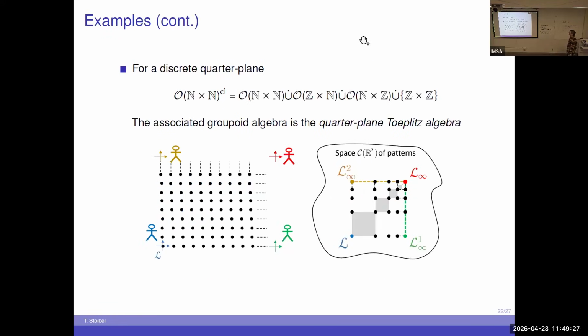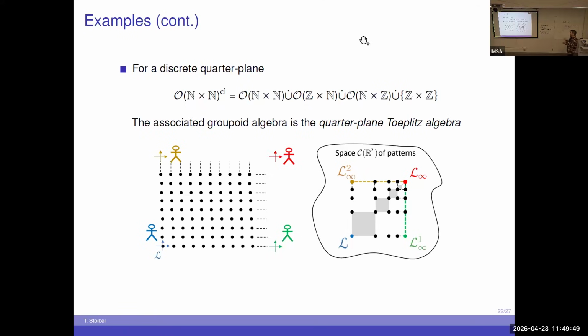The next example, if you go to some stuff which has corners, is basically a quarter plane. So a discrete quarter plane is mathematically N times N. And then you actually have many accumulation points. You get in the orbit of the pattern, what happens is, Emil drew these very nice pictures.